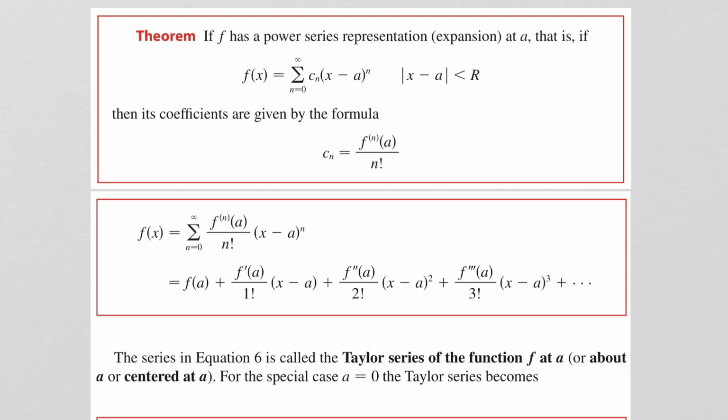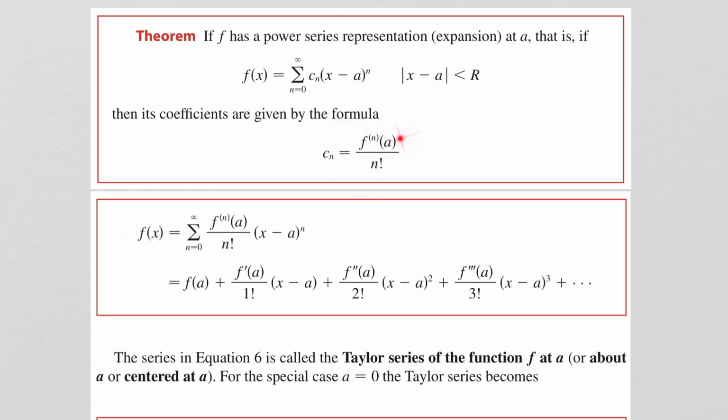The theorem says if f has a power series representation, or expansion, at a, that is, if f of x can be written as a power series on some interval of convergence, then its coefficients cn are given by the formula cn equals the nth derivative evaluated at a divided by n factorial.